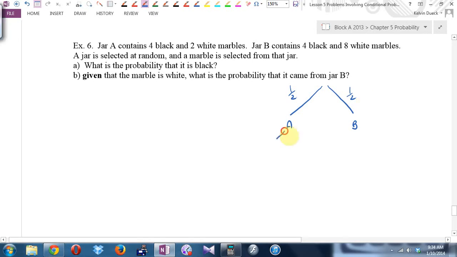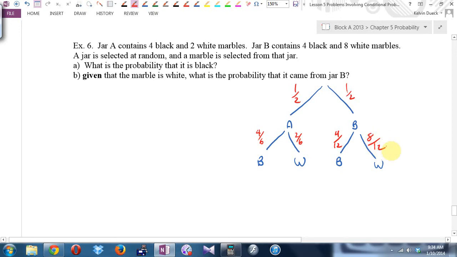It looks like in jar A we have black and white, and in jar B we have black and white. What's the probability that we're black if we're in jar A? 4 out of 6, 2 out of 6, and 4 out of 12, 8 out of 12.